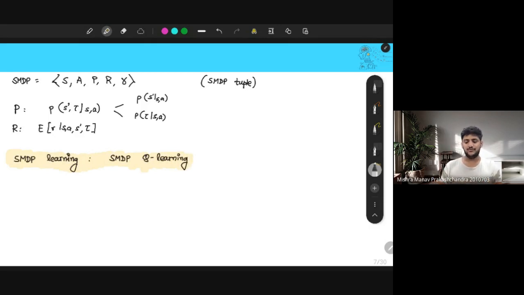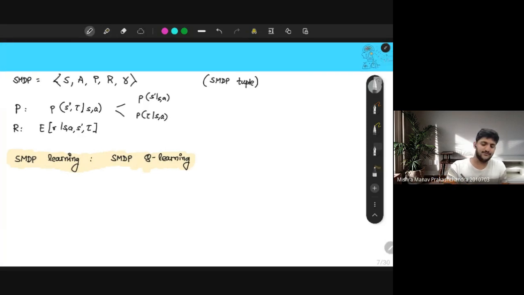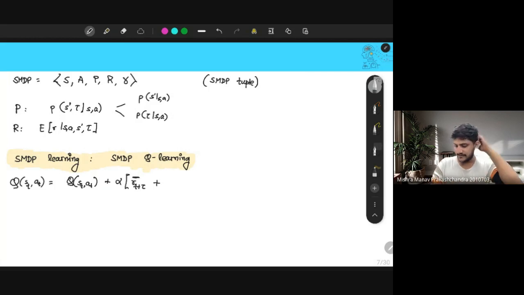So if I want to do the Q learning, we look at the update rule for Q learning, which is Q of s_t, a_t equal to Q of s_t, a_t plus alpha, which is the learning parameter, times the reward I get. I'll put a bar over it because we want to define what this reward after t plus tau steps is.